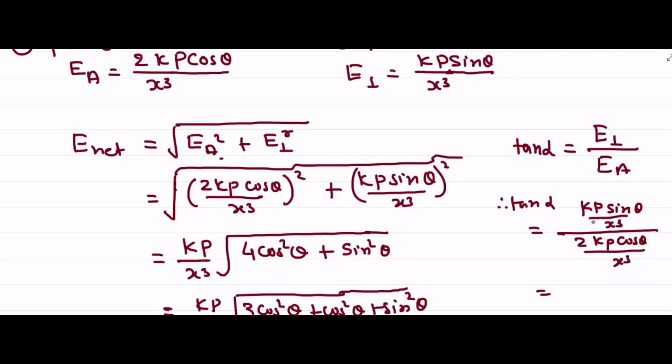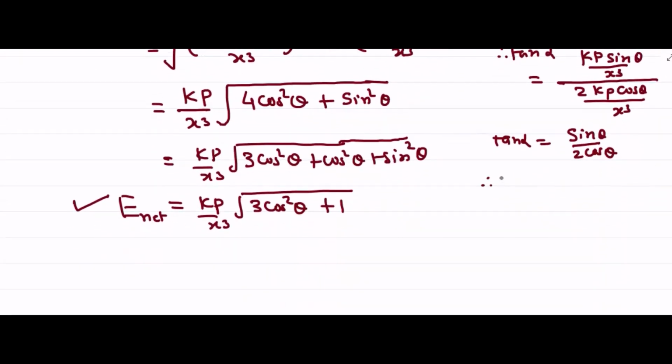I can clearly see that Kp upon x cube will get cancelled out, and I'll be left with tan alpha is equal to sine theta over 2 cos theta, and therefore I can write down tan alpha is equal to tan theta by 2. I know the value of theta, so I can find out tan alpha.